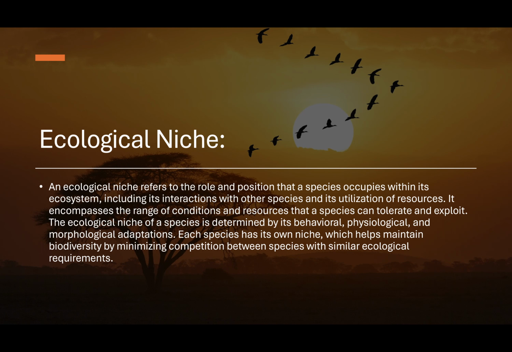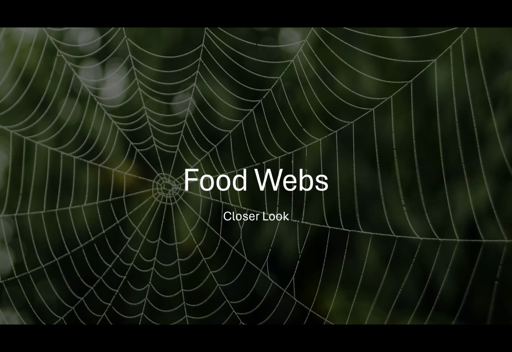The niche itself would be the particular interactions that an organism or a species has, the specific role that the organism has to play within that environment. So it could be behavioral, physiological, morphological adaptations. These things can determine what the niche of the organism is, right? So we have all of these different things to take into account.